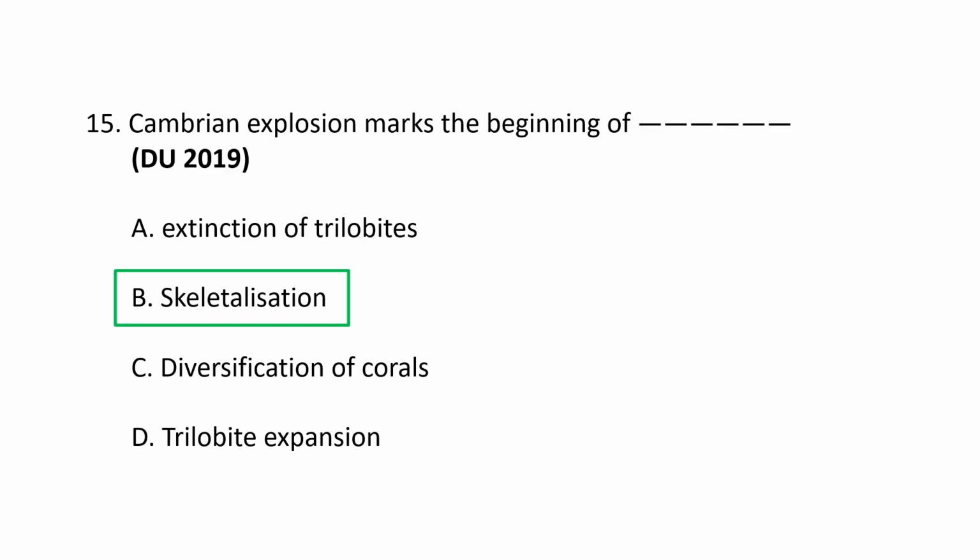This era saw an explosive evolution of complex animal bodies, with the development of biomineralized shells and skeletons, providing animals with structural advantages and leading to a more complex ecosystem and food webs. So the Cambrian explosion marks the beginning of skeletalization. B is the correct option.